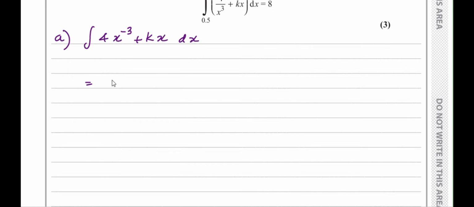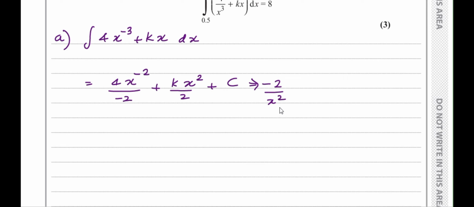Integrating this, we get 4x to the power of minus 2 over minus 2 plus kx squared over 2 plus c. And then simplifying this, we get minus 2, we can bring the x squared to the denominator, plus kx squared over 2 plus c.